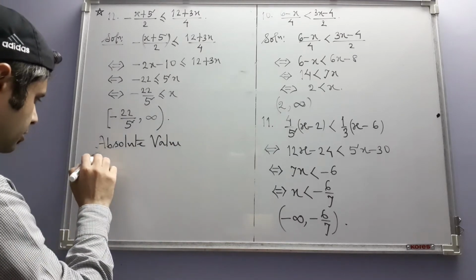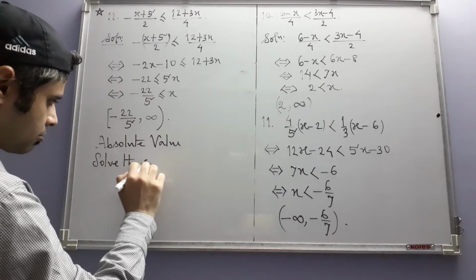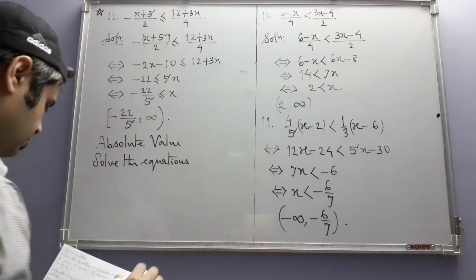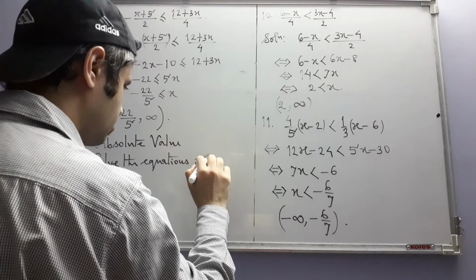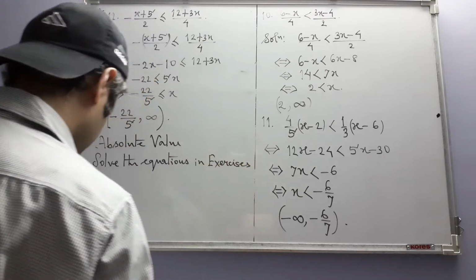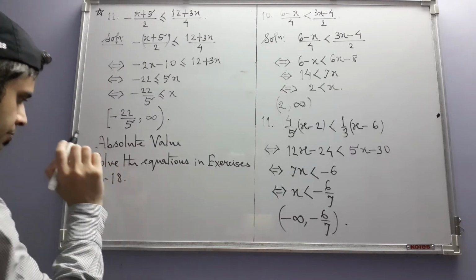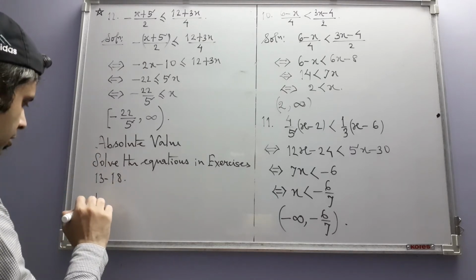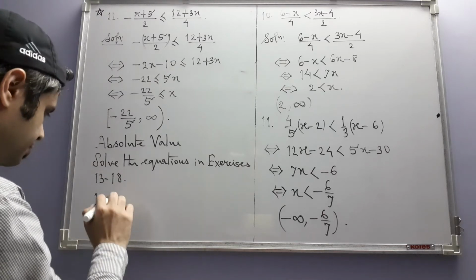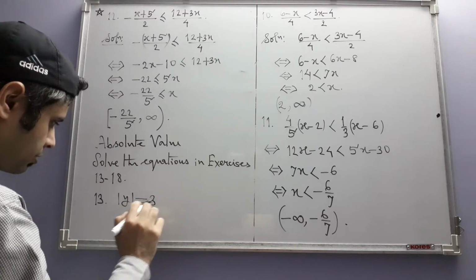Solve the equations in exercises 13 through 18. Okay, so what is the 13th one? Absolute value of y is equal to 3.